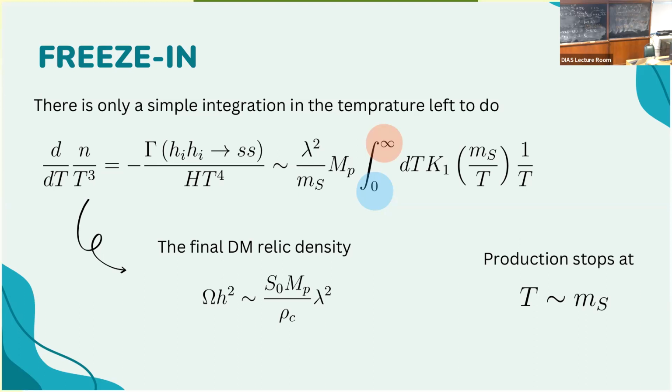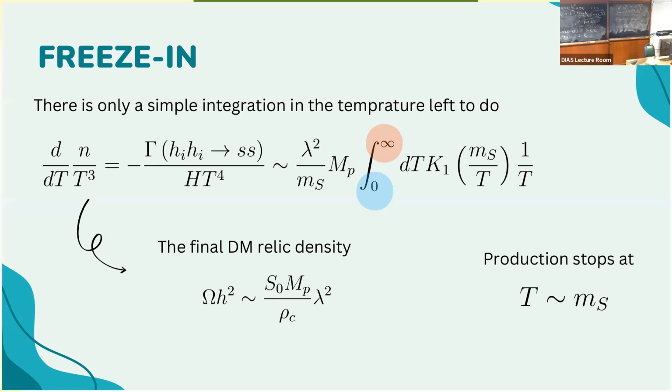So I integrate from 0 to infinity, also an approximation. This should be the highest temperature we can reach, and this should be the temperature today, but it's a good approximation in this case, also because this function inside, as we saw, is just killed after the temperature goes lower than the mass of the dark matter.